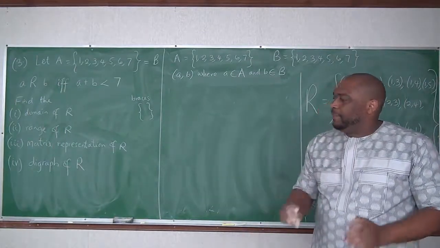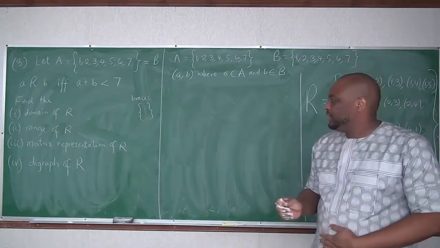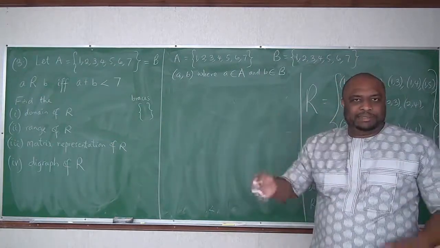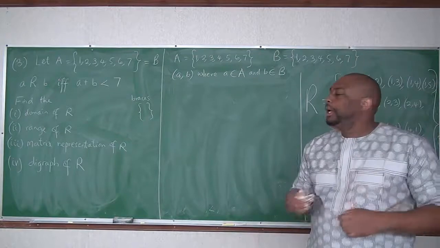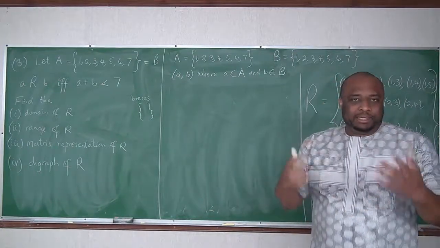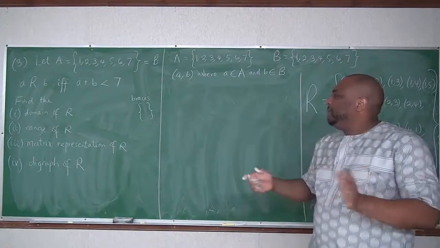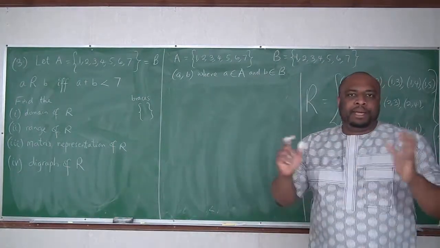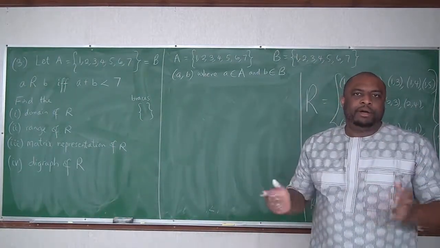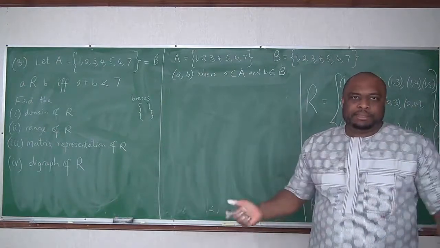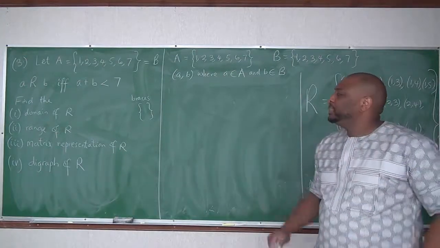One of them is a matrix representation of R. I expect that we have done matrices already, so you know a matrix is a rectangular array of elements, numbers, and the rest of them.